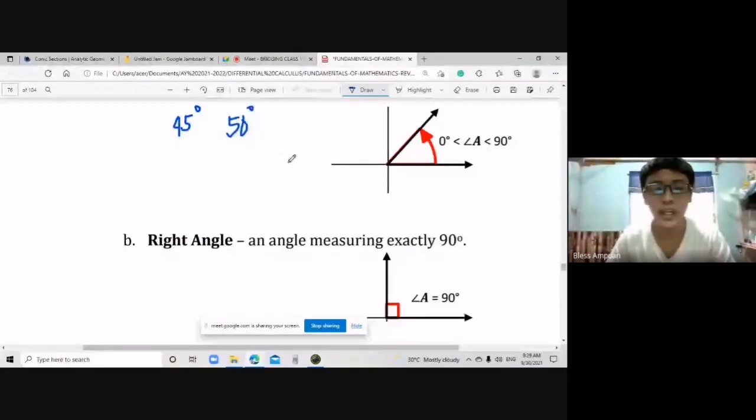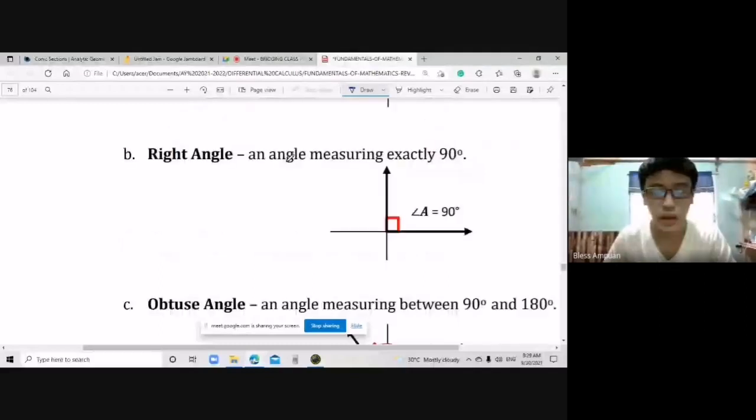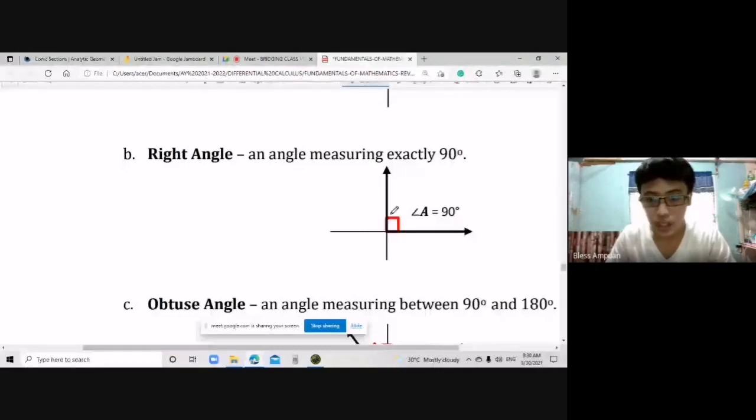When we say right angle, it is an angle measuring exactly 90 degrees. When you see such a sign like this, this is a representation of a right angle. It means that it measures exactly 90 degrees.